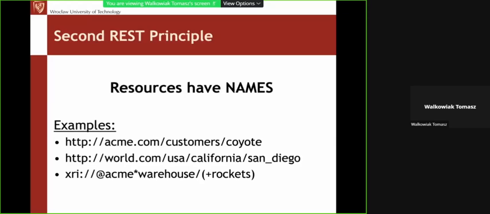Okay, so if I want to play with resources, I need to identify them. So resources have names. Okay, so how to name something? Use already developed tricks. So use URIs. Okay, this is the name. Customers, Coyote.